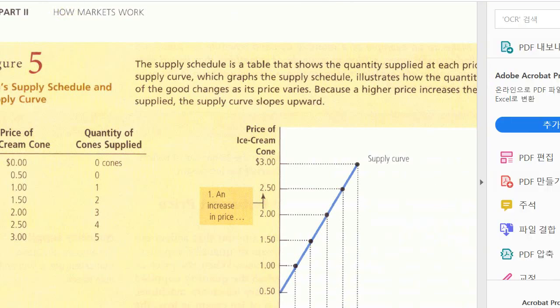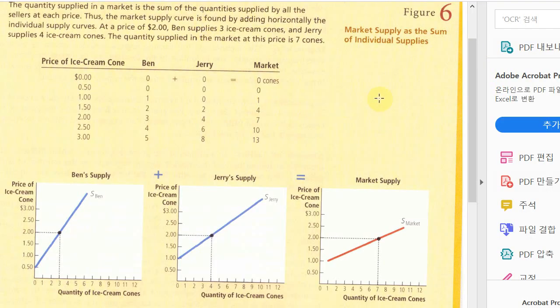Also, the supply in the market is the horizontal sum, right? The market supply is the sum of each supplier's supply.